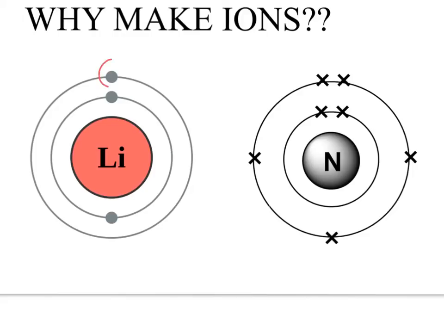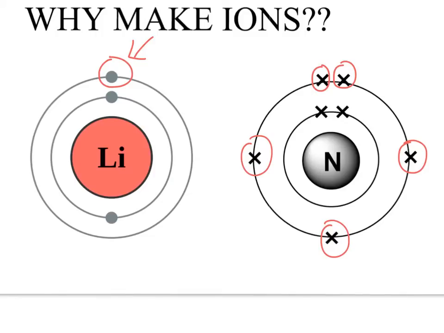So here's lithium. Lithium has one electron in its outermost energy level, and nitrogen has 1, 2, 3, 4, 5 valence electrons. So lithium really wants to get rid of that electron right there. It wants to lose that electron so that it can be stable like one of the noble gases.